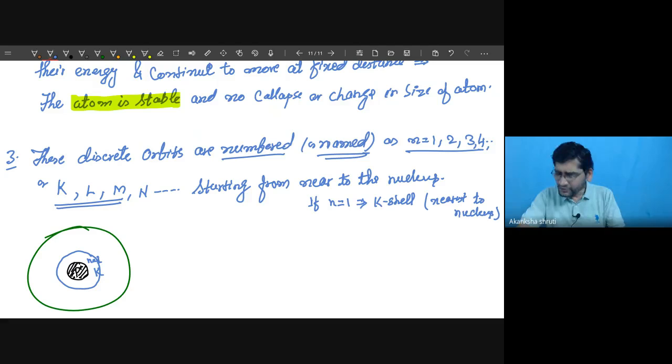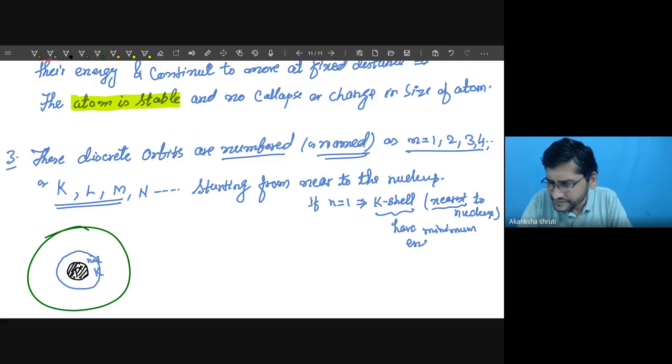The orbit which is near to the nucleus has minimum energy. This was another postulate that we will also write later. So the one near to the nucleus has minimum energy. Get it?